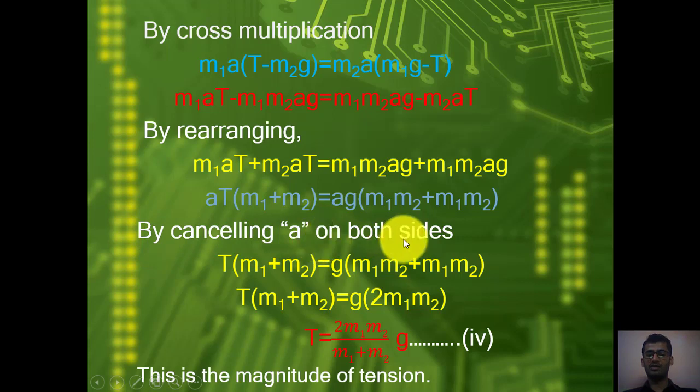By cancelling a on both sides, we get T multiplied by m1 plus m2 is equal to g into m1m2 plus m1m2, that is T multiplied by m1 plus m2 is equal to g into 2m1m2. Now we can find the value of tension by cross multiplication. T is equal to 2m1m2 over m1 plus m2 into g, and this is the magnitude of tension in the string, that is equation number 4.